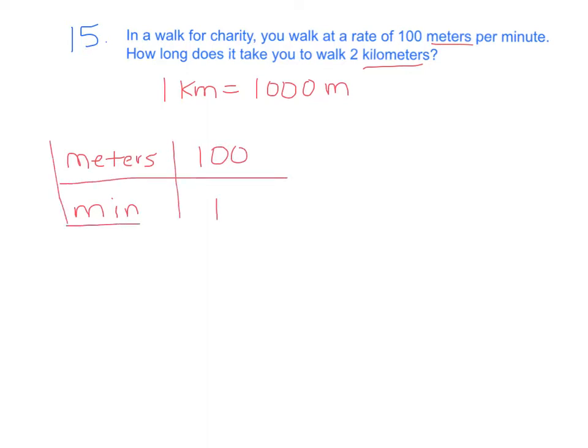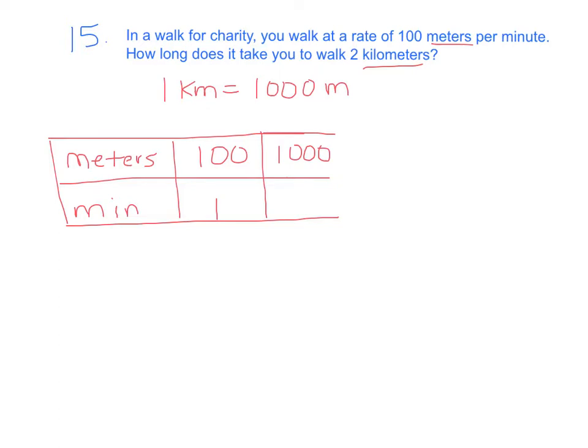What the question is asking me to get to is how long does it take you to walk 2 kilometers? So if I know that there's 1,000 meters in 1 kilometer, I'm going to get this number to 1,000 to see how many minutes it takes me to walk 1,000. And in order to do that, you have to multiply to get to your 1,000.